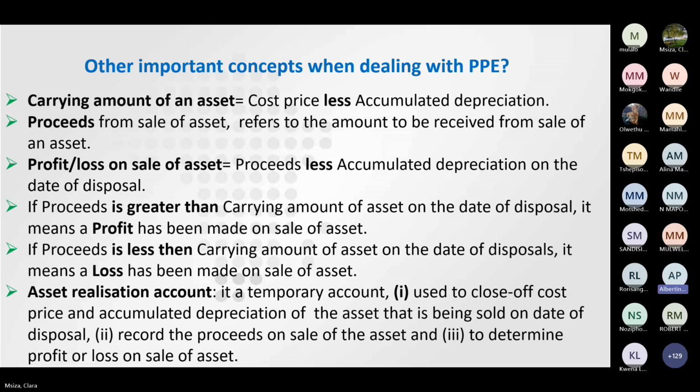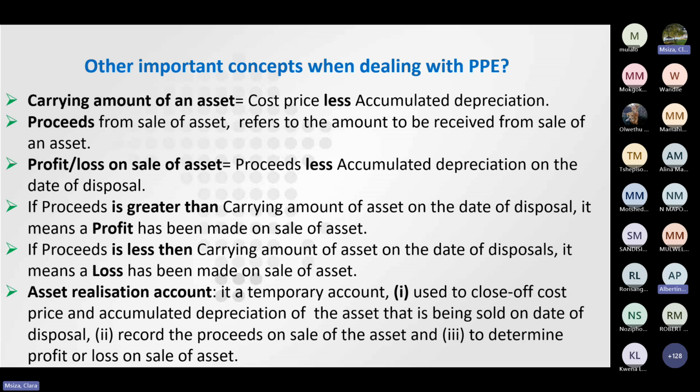Did you hear me when I was explaining that we have an asset with a cost price of 100,000? The depreciable rate is 20%, and we calculate depreciation based on the straight line method and the diminishing balance method. What we have discussed is that in year 1, the depreciation will be the same. However, once you get to year 2, for straight line it won't change.